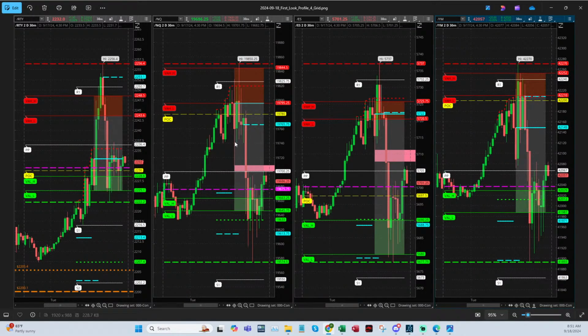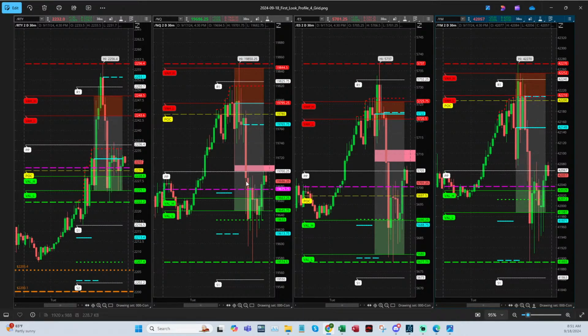But if you look at where these candle bodies are, and even what price ranges traded, you can see that right around 19,700, let's just call it 45, is the bottom of this upper distribution.